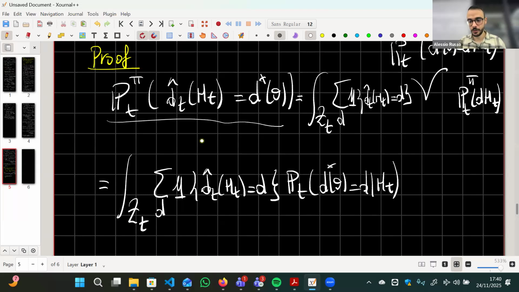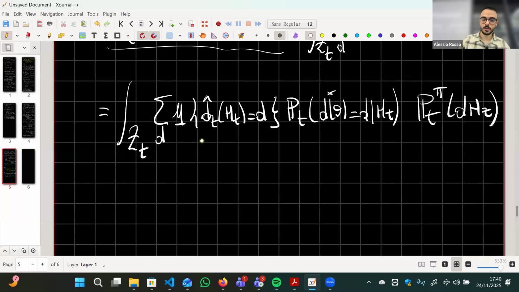So here we have the posterior, and here we have the probability of d hat h_t. So this is always upper bounded by the max over d of this quantity.